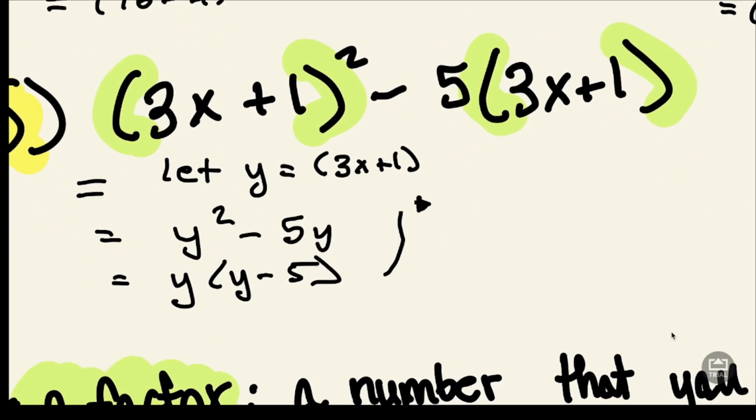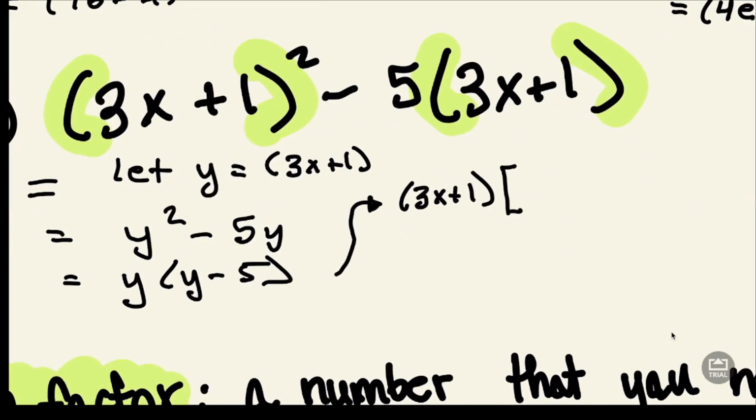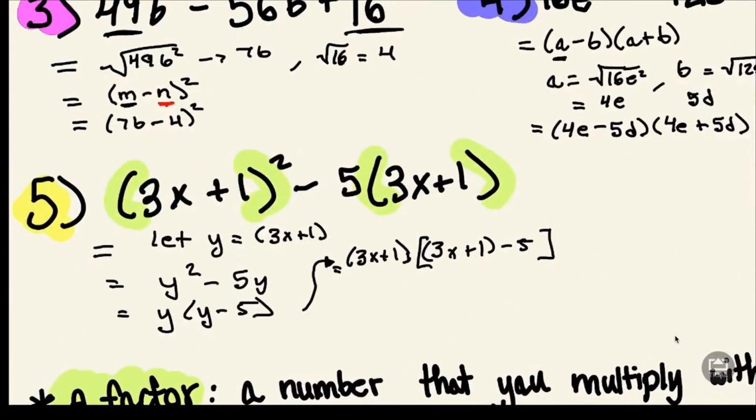So it's going to be 3x plus 1 bracket, and we're going to do big brackets here because I'll show you right now why. 3x plus 1 minus 5. Looking at this, what you can do now is actually simplify this, and it's not that hard.